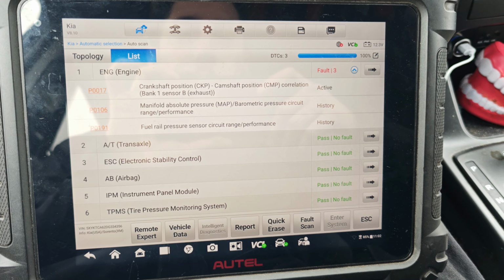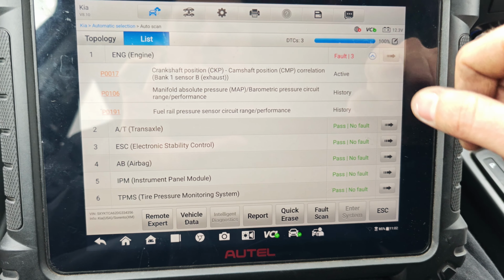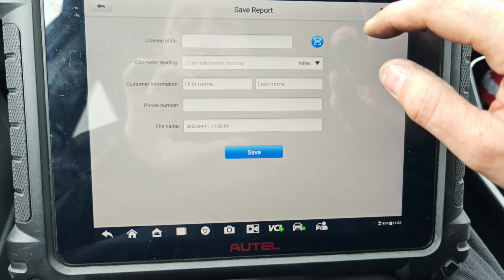Correlation code. Look at that. Correlation codes. Fuel rail percent. So I'm wondering if this correlation code is our problem. Got 103,000 miles on it. May need a motor.